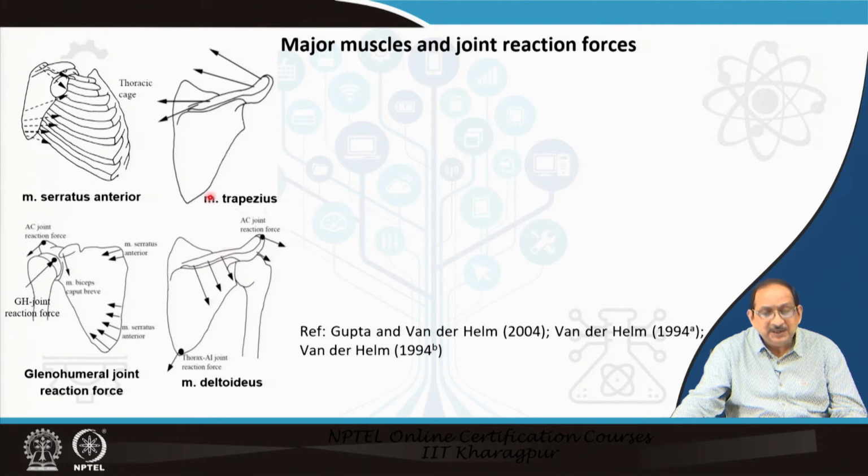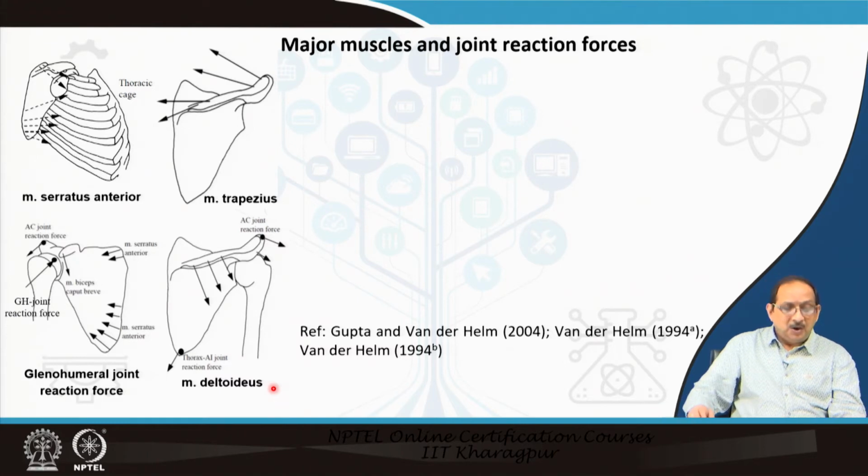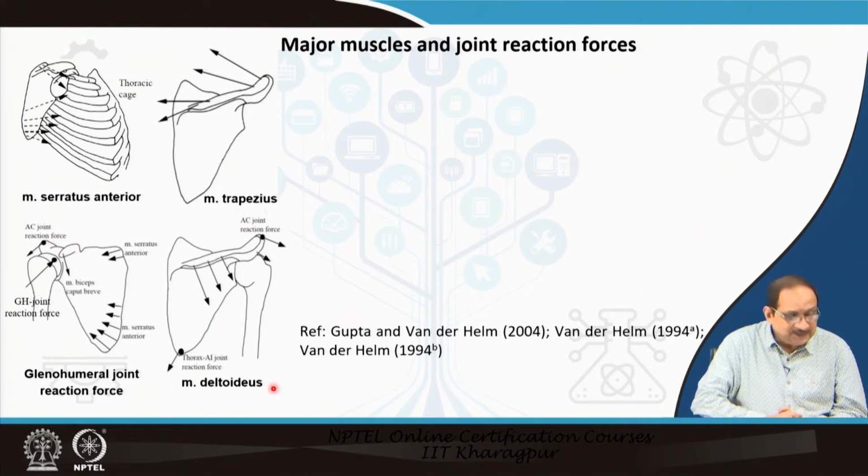Around 90-degree abduction, all parts of the muscle trapezius become active to counteract the protracting forces of muscle serratus anterior. On the other hand, the muscle deltoid has the largest physiological cross-sectional area of all the muscles of the shoulder and exerts by far the largest moment around the glenohumeral joint.